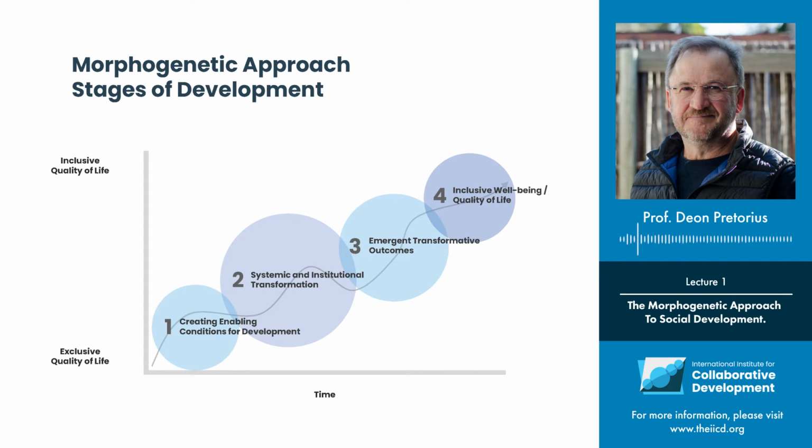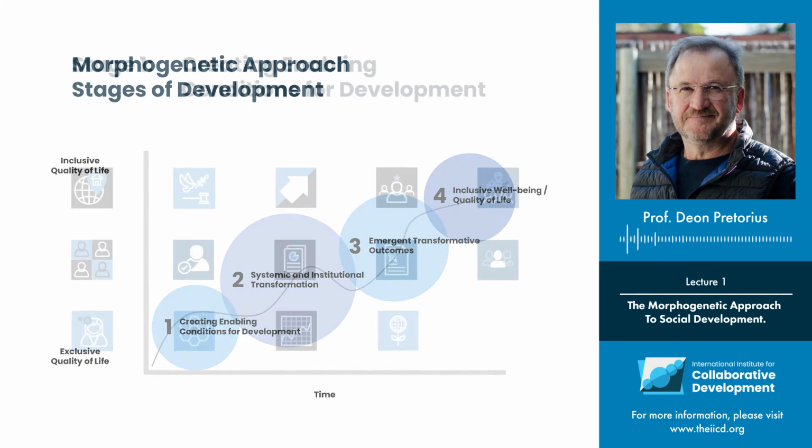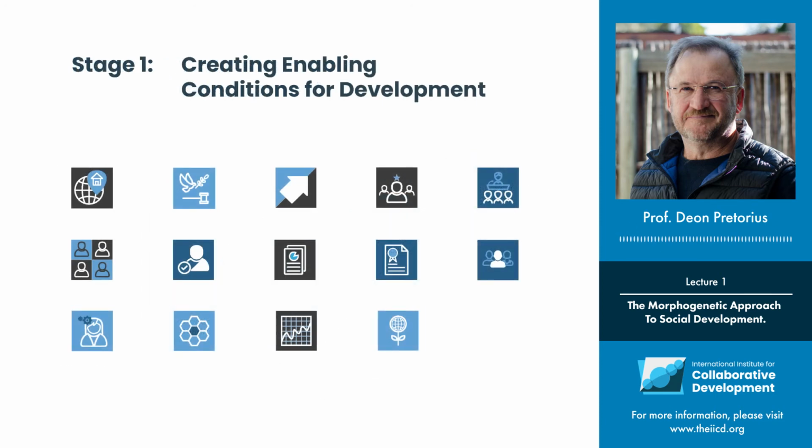Now, stage 1 can be then broken up into a number of different actions that need to be taken. This very important prerequisite for development, which I have just referred to, which we call creating enabling conditions for development. Through experiential learning, through working in actual practical context in communities over the last number of years, these are lessons that have been learned.